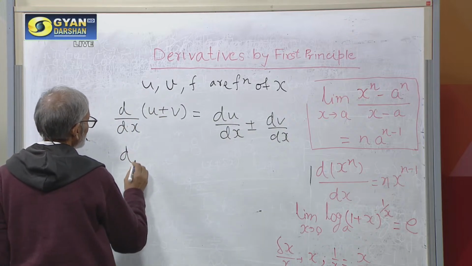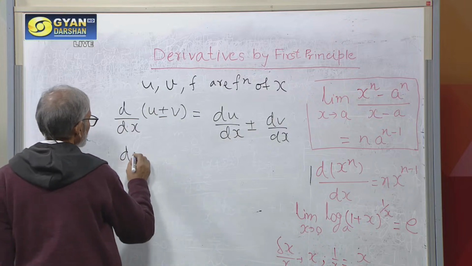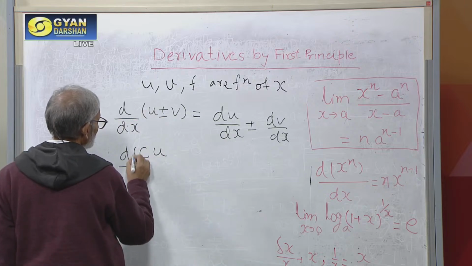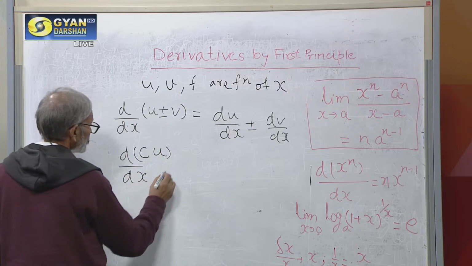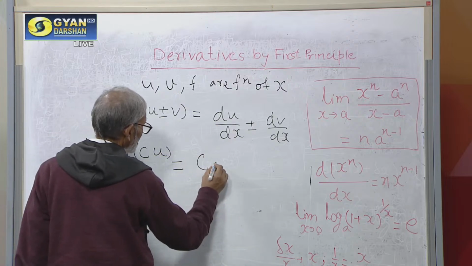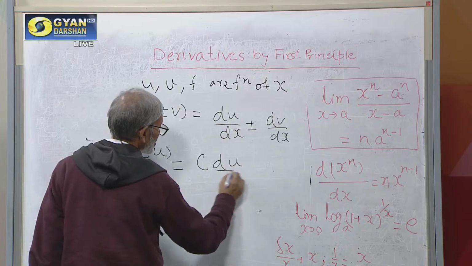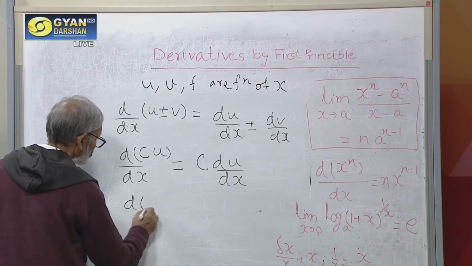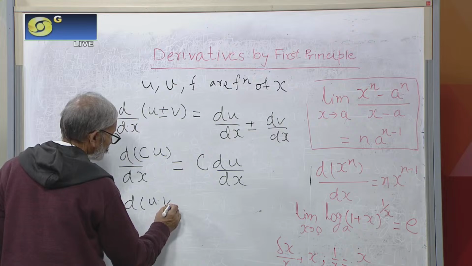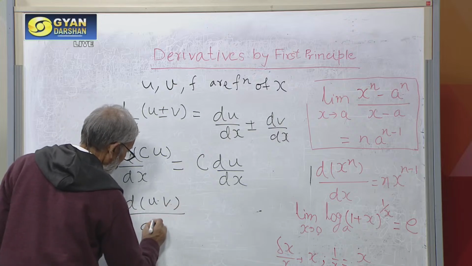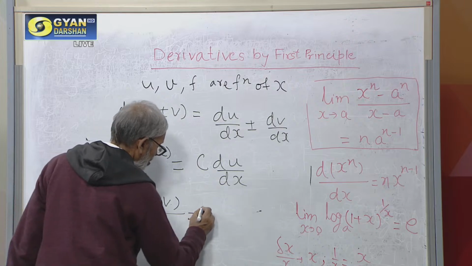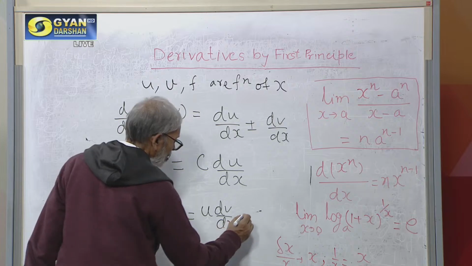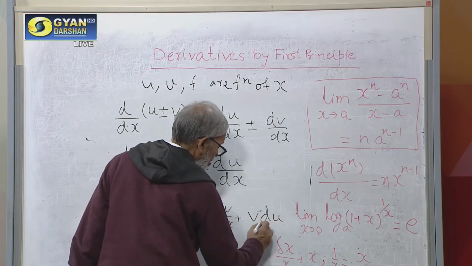If c is a constant, d by dx of cu, the constant will come outside, c du by dx. Product formula, suppose product of two functions u and v is there, d by dx of uv is u dv by dx plus v du by dx.